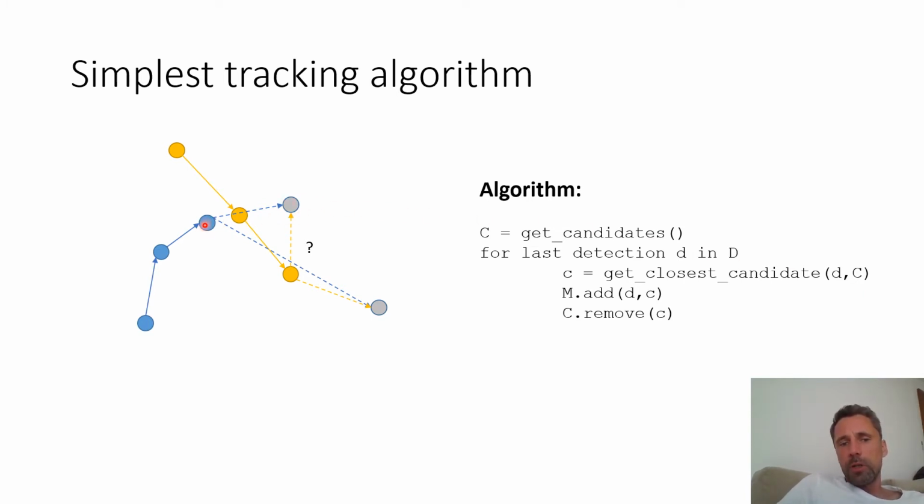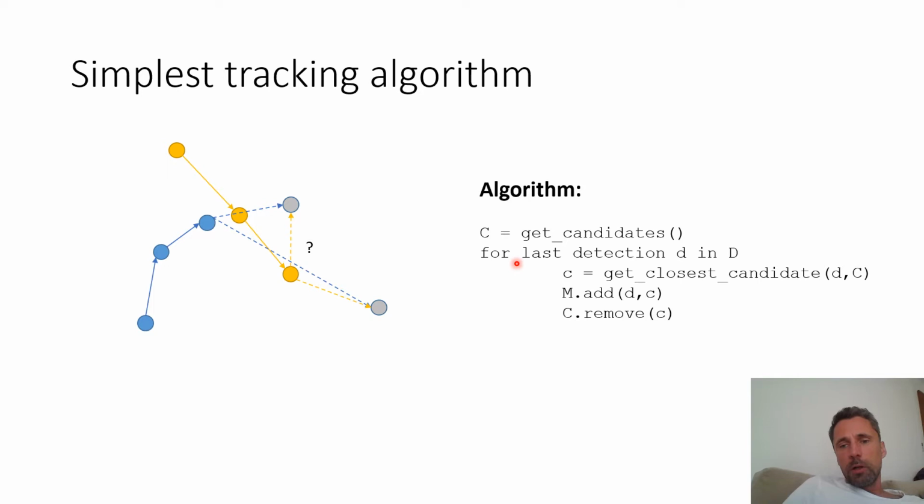So given the blue detection here being our D, the closest candidate would be this guy. So we would add to our mapping between detections this pair D and C, and then we'll remove C from our set of candidates because it is already linked to one of those detections, so it's not free anymore to be linked.